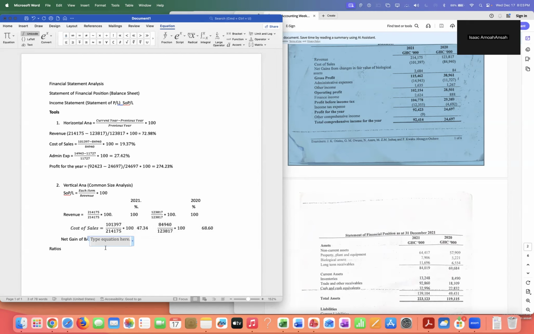Okay. So net gains for 2021 is 2,684. I'm picking it from here. 2,684 divided by the 2021 revenue, which is 214,175.